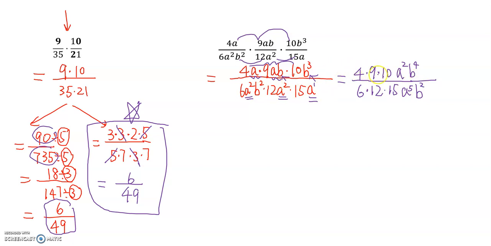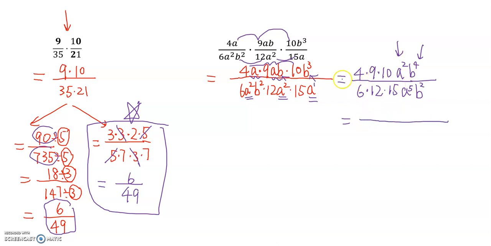So now it just looks better than what we had previously, because previously we had so many A's and so many B's everywhere. After we multiply them, you will only see one A factor, A squared, and one B factor, B to the 4th. So that's going to make things a little easier for us to cross out. So now let's work on the numbers.